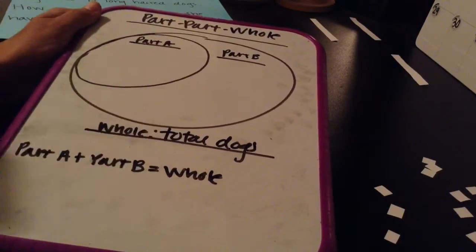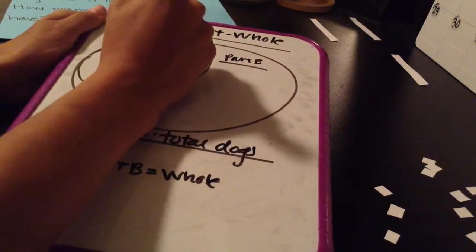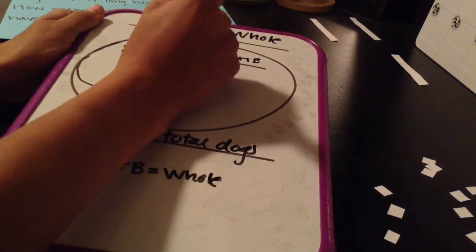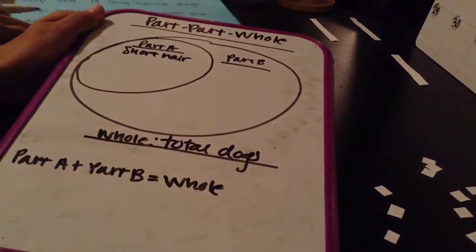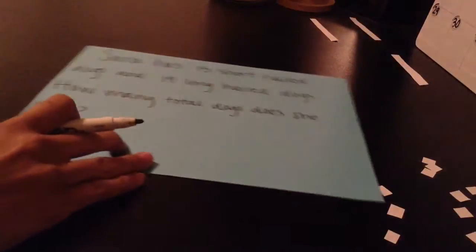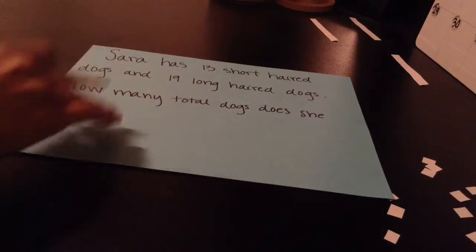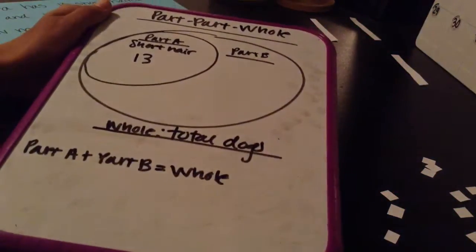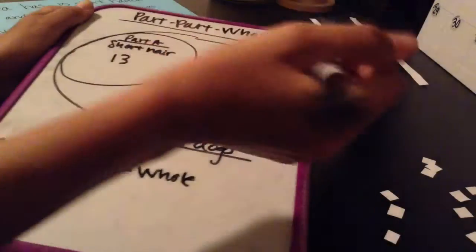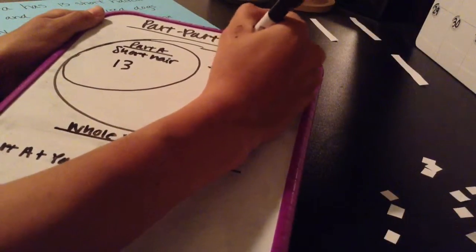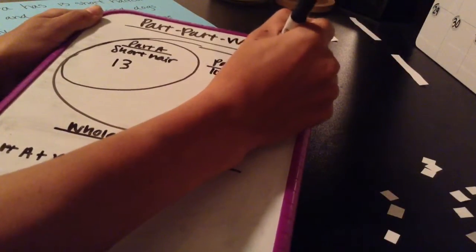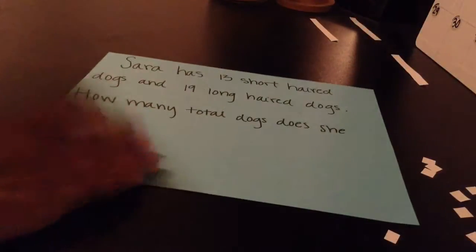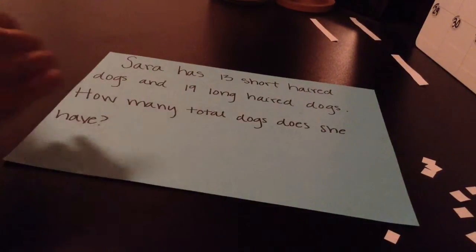So I'm going to make part A short-haired. And I know from my word problem that she has 13. So I'm going to put 13 in the bubble. Part B is going to be my long hair. Look back at the word problem, and I see that she has 19 long-haired.